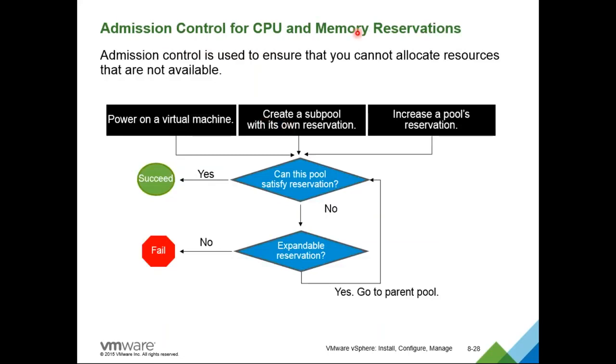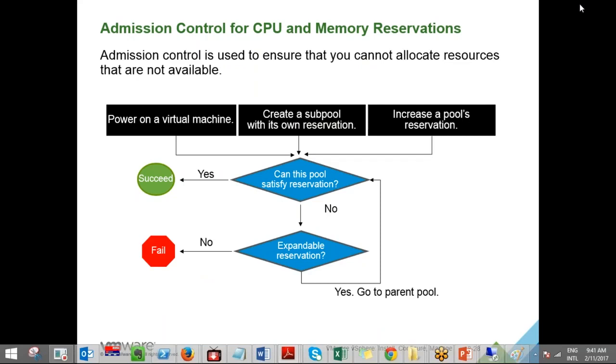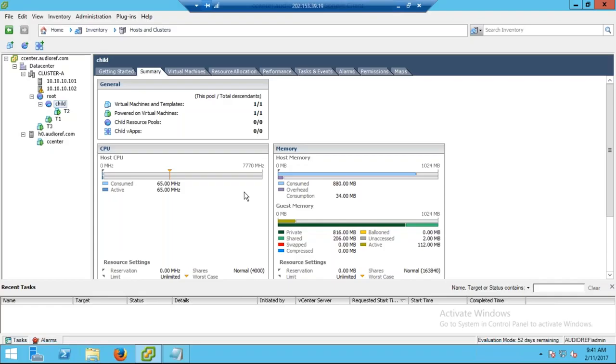Admission control of CPU and memory reservations. Admission control is used to ensure that you cannot allocate resources that are not available. Whatever maximum CPU and memory resource is available on your root resource pool, that is what you can allocate. Beyond that, if you want to add more, it won't accept.